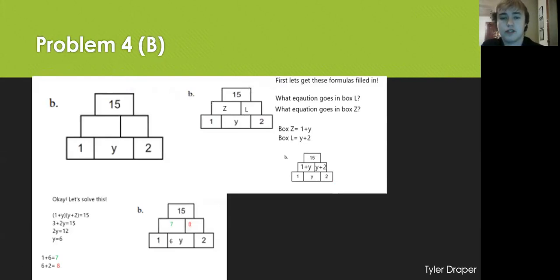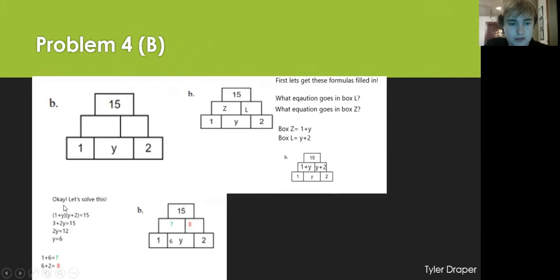Determine what goes in the boxes of each one. As we can see here, 1 plus Y equals Z. Y plus 2 equals L. That's how we know that they go in those boxes. Because remember, the 2 bottom boxes equal the amount that's above it.